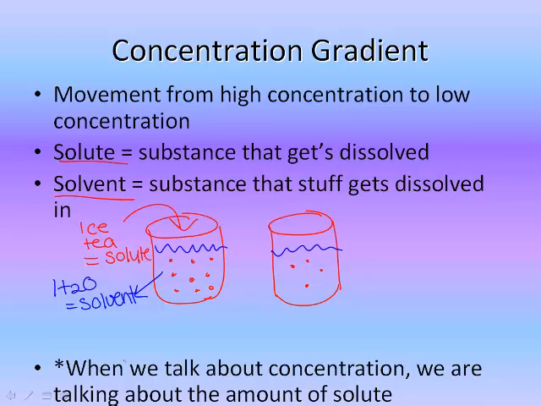So we would say that this glass of iced tea is less concentrated, or it has less solute, than this glass of iced tea, which is going to be more concentrated, or it has more solute. So when we're talking about concentration, we are talking about the amount of solute dissolved in the solvent, which makes the solution.